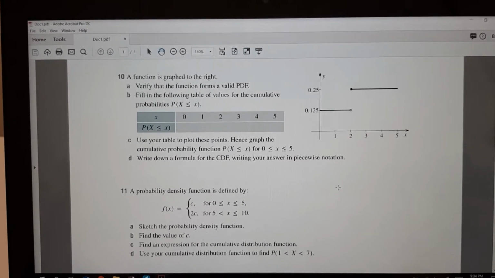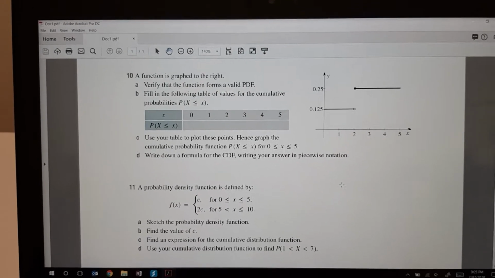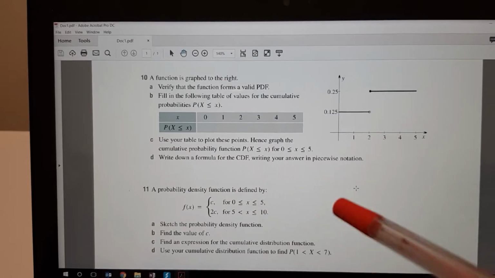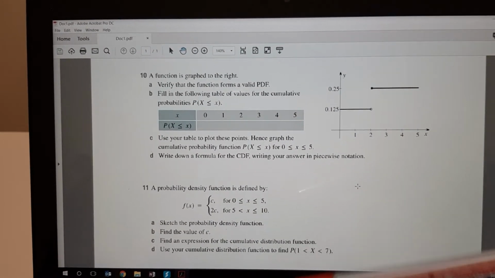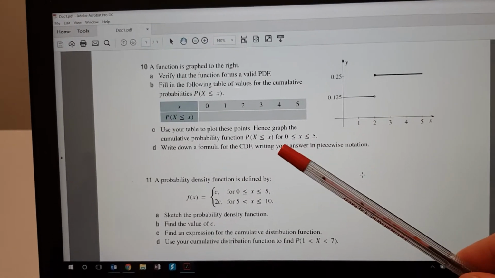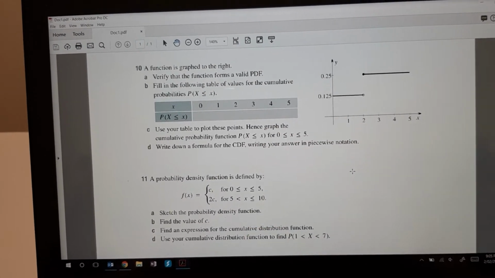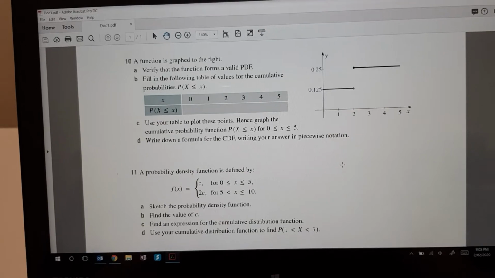So that's how we can guess what the values of y are going to be. And therefore, when it comes to writing down the actual expressions for the CDF, we're going to see that there will be linear expressions.